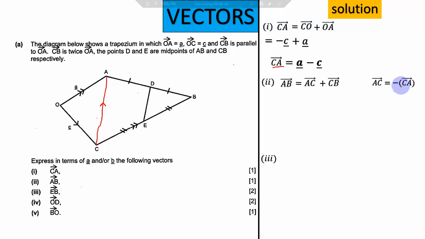So negative CA will give us AC. When we multiply this negative to A, the A will be negative. You multiply this negative to negative C, the C will become positive. So AC will be negative A plus C, positive C. Are you getting it there?